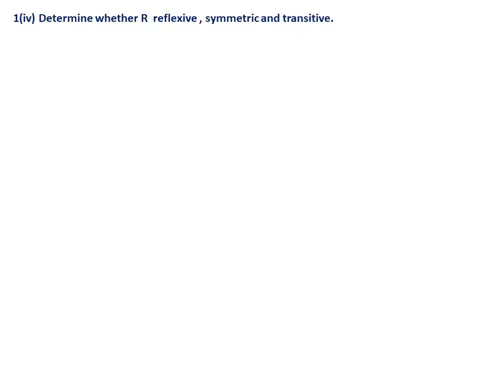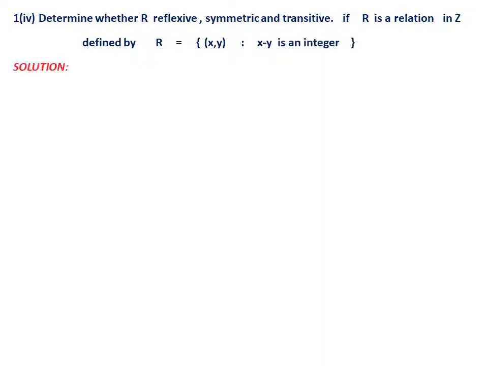Next one, determine whether R is reflexive, symmetric and transitive. Fourth question, R is a relation in Z defined by (x, y) such that x minus y is an integer. So this is a very important example. R is reflexive. Let x belong to Z. Because it's infinite, we need not write it in roster form.